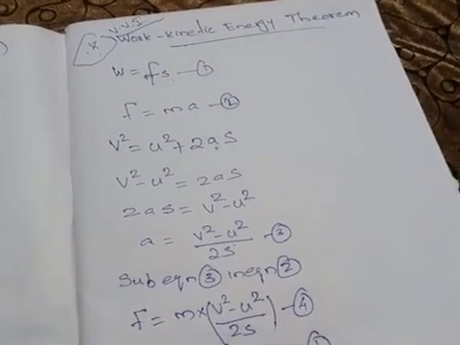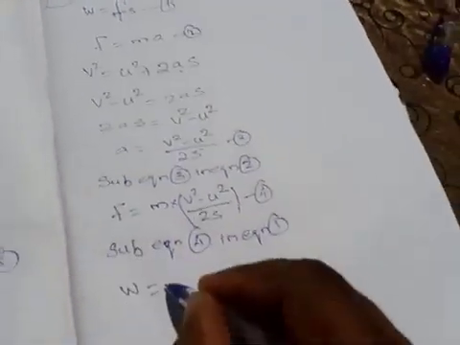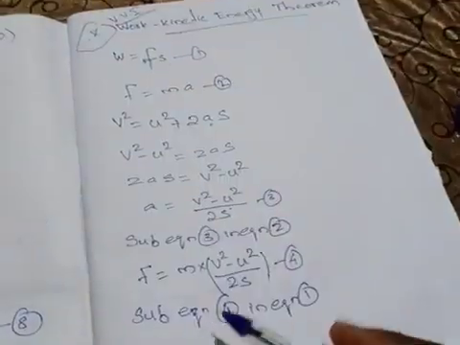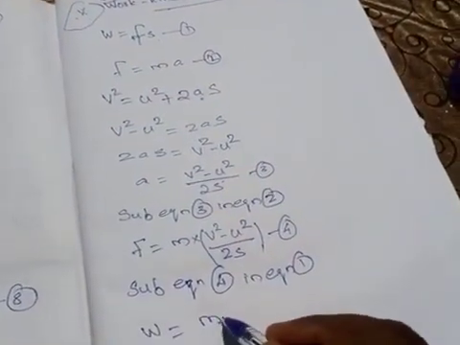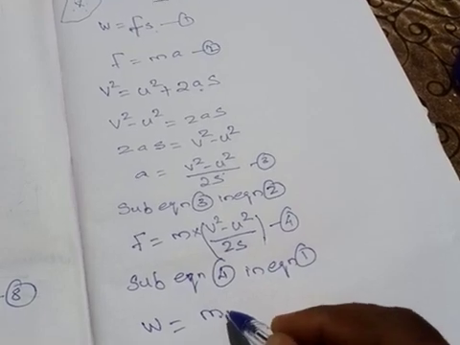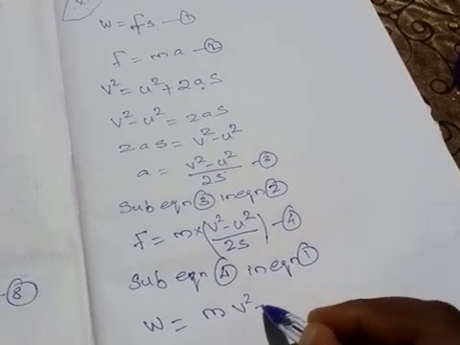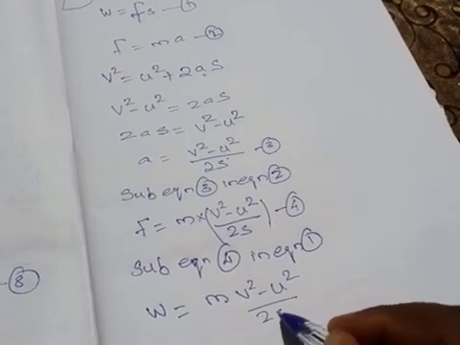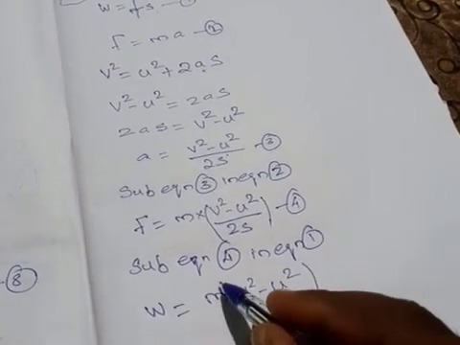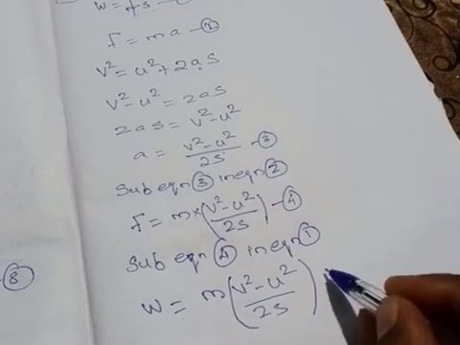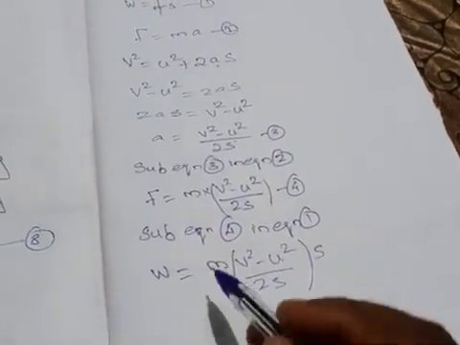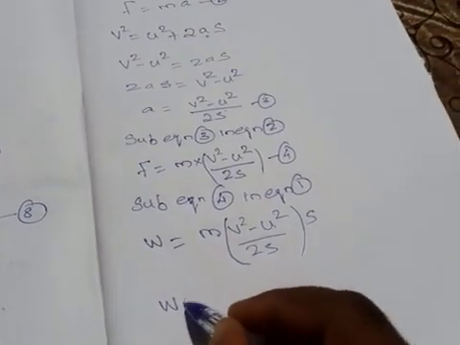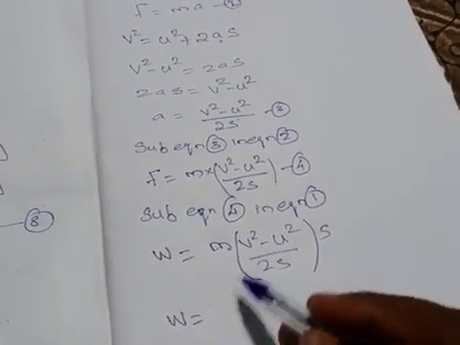So W equal to, instead of this F, substitute m into V square minus U square by 2s, into S. Substituted. Now W equal to, multiply this m inside.